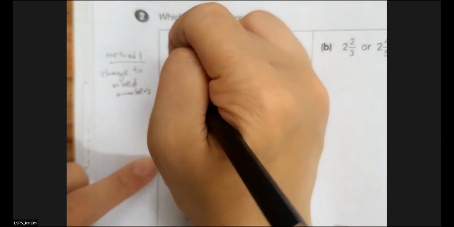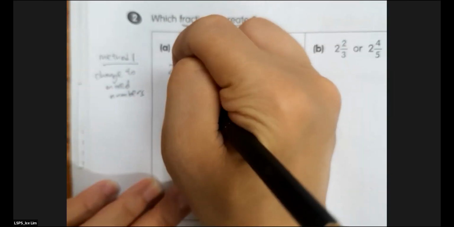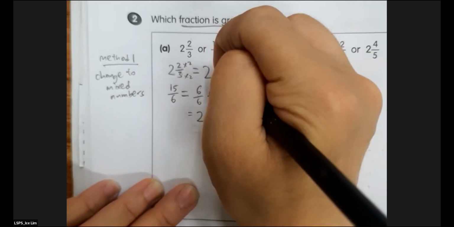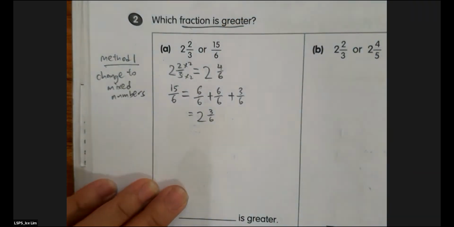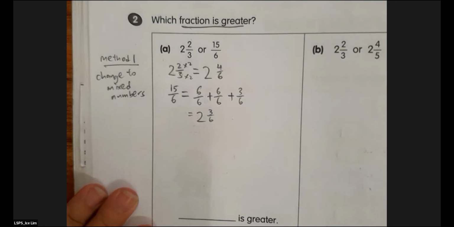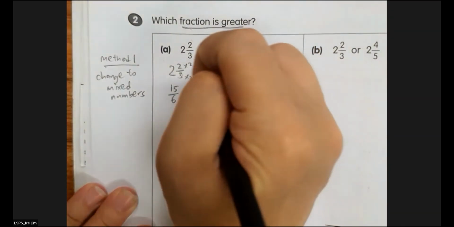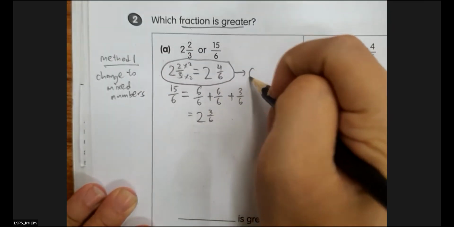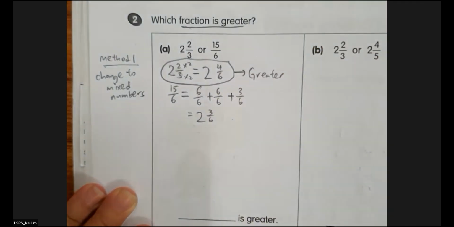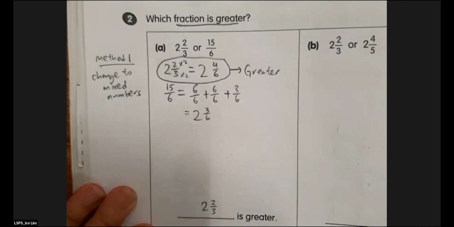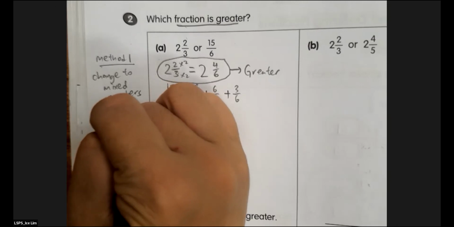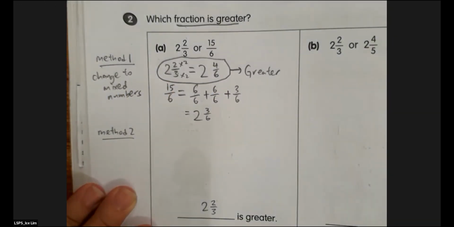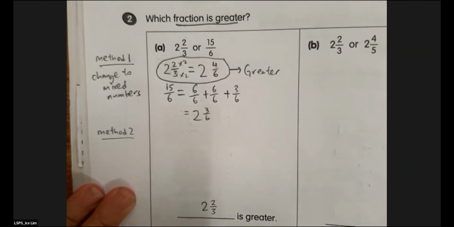So I've got 2 and 2/3, and 2 wholes and 4/6. Which one is greater? 2 and 4/6 is greater. So the answer will be 2 and 2/3. Okay, method 2. What's method 2? Instead of changing all to mixed number, I change all to improper.